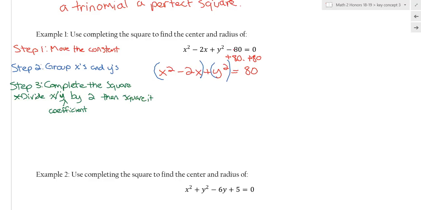Okay. So for example, here, my term for x is -2.